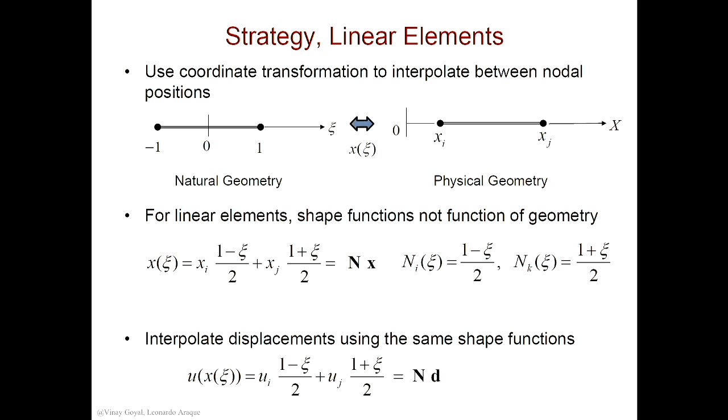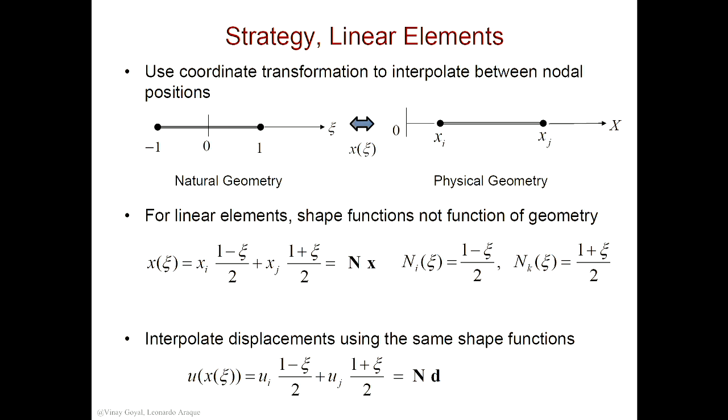This shape function belongs to node i, so it must be 0 at the other node. You agree? So does it work out? If I put ξ = 1, do I get 0? Yeah, excellent. If I put ξ = -1, do I get 1? Beautiful. I have a shape function that seems to work.